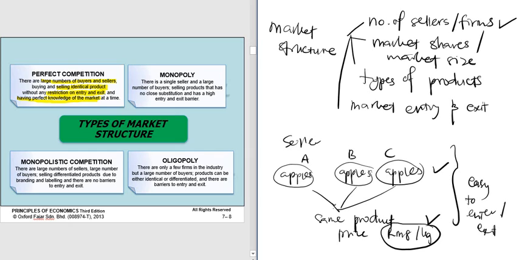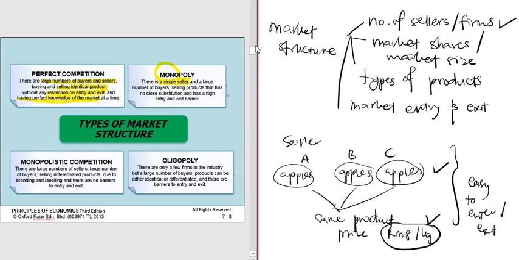And then we have monopoly. Monopoly is a market where there is only a single seller. The word mono here means single. The seller is a large seller, meaning a big firm. And then there is a large number of buyers. We are not going to look at the number of buyers because usually you will have the same number of buyers in every market.